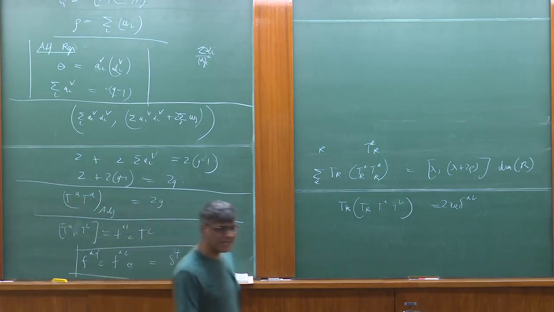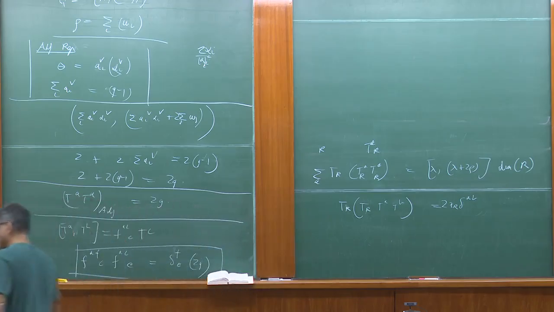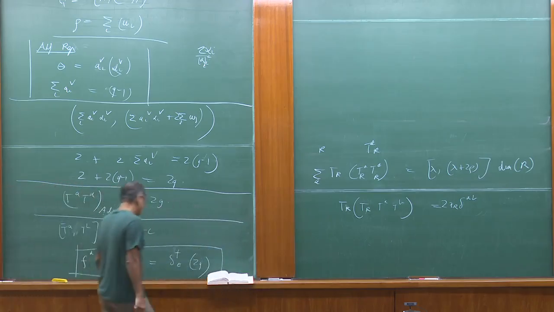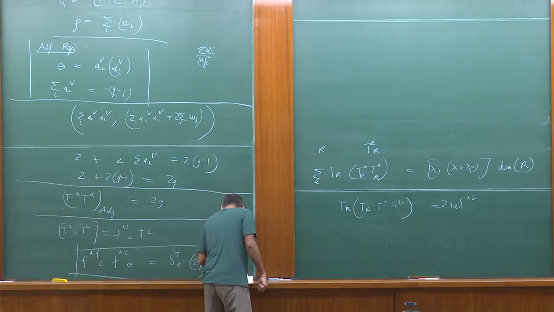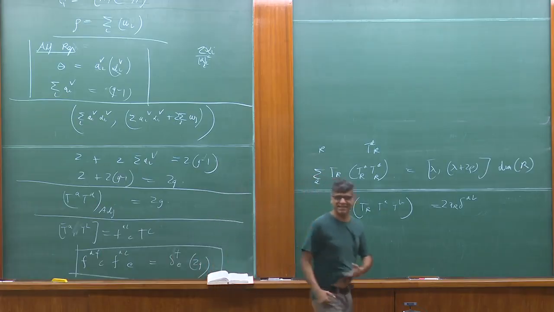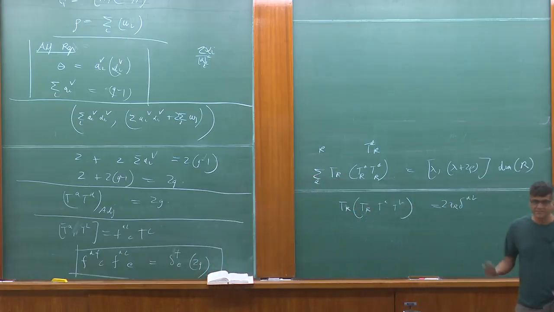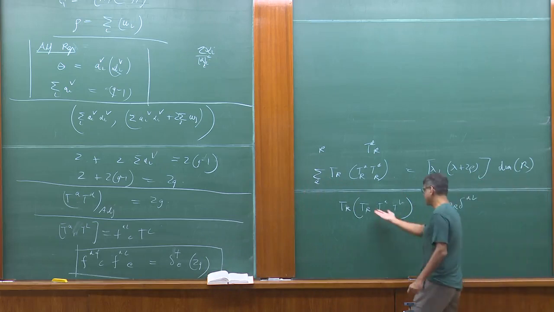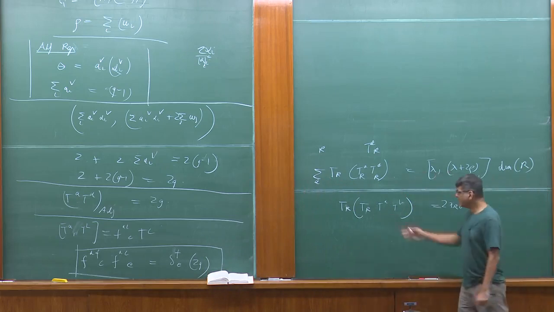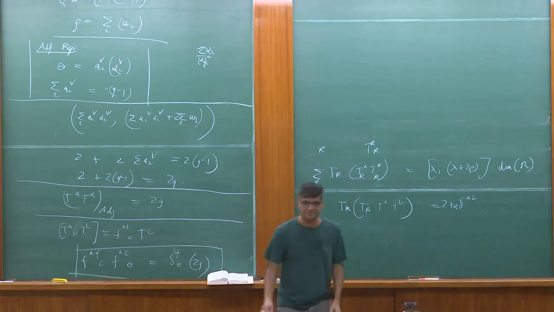This X_R is called the index of the representation. It depends on the representation we choose. Now let's find a formula for the index of the representation.